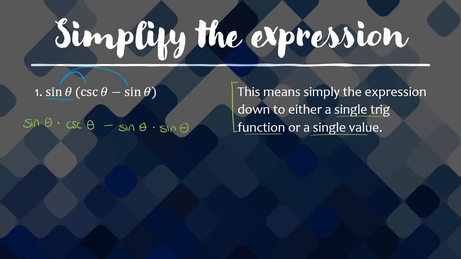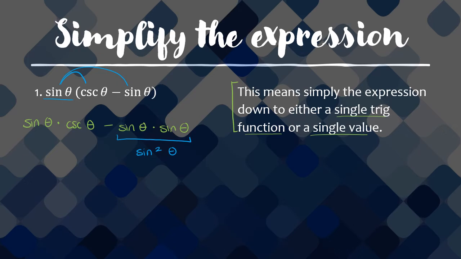Okay, well our sine times sine, that's going to be the same thing as sine squared of theta. So that's going to be how we want to write sine times sine, or really any trig function times itself. We'll want to just say that's the thing squared. Okay, what about that first term though, sine times cosecant?